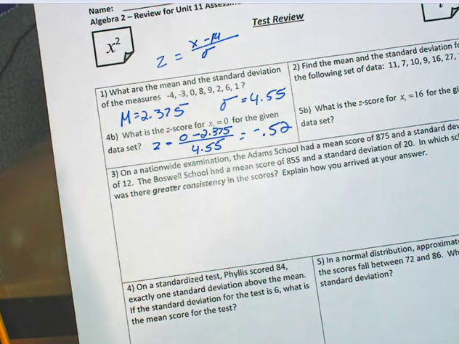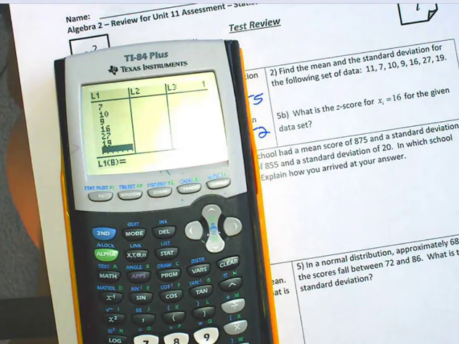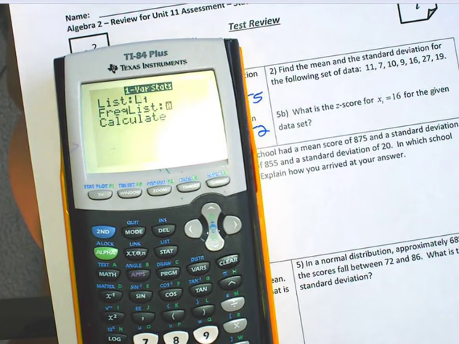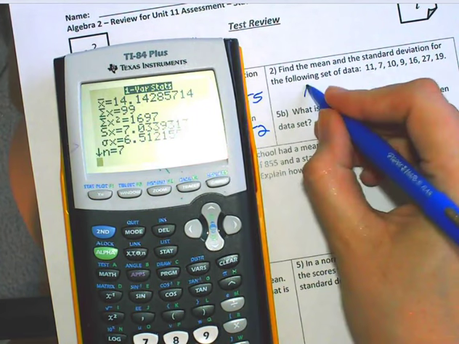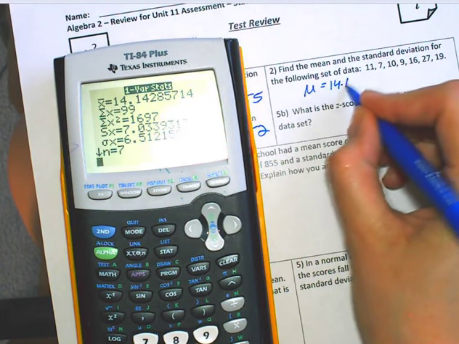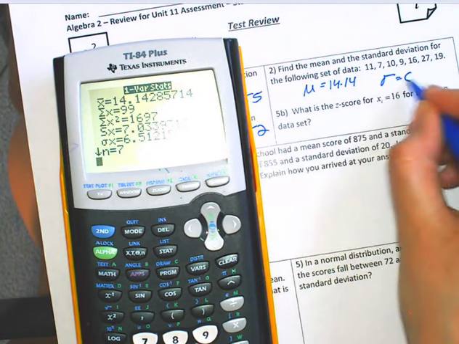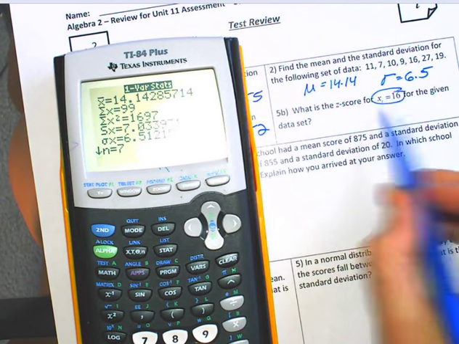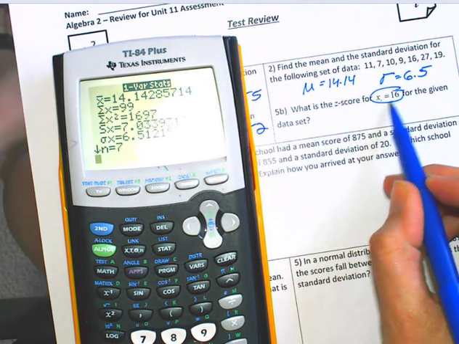Okay, now let's look at the next one. Same question, except we have different data values. So put that into your list in the calculator and then calculate the z-score. All right, we put our data values in. Stat calc, one variable statistic. The mean is 14.14. Standard deviation is 6.5. This time the z-score with the data value of 16.